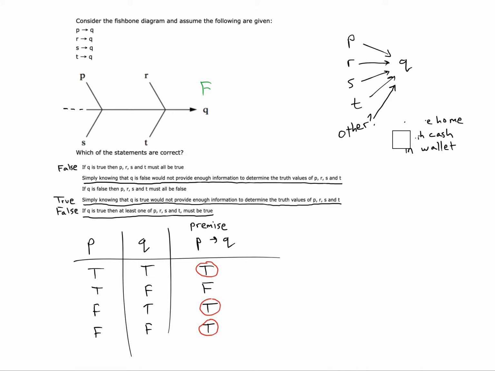Alright, change the situation up. Let's say Q represents you ate lunch today. And P could represent you ate pasta for lunch.